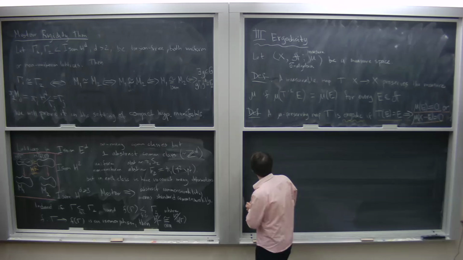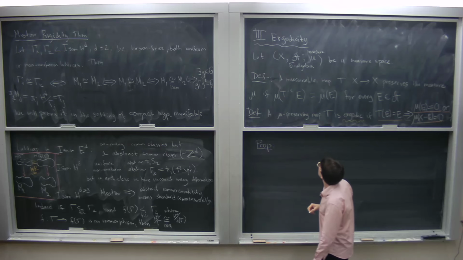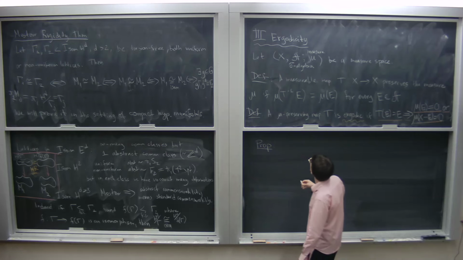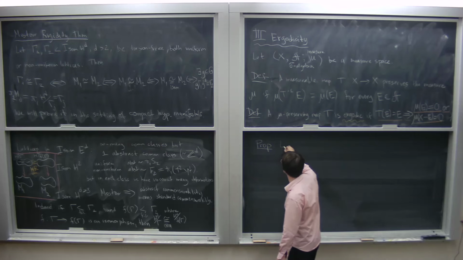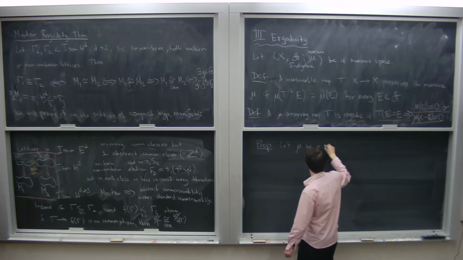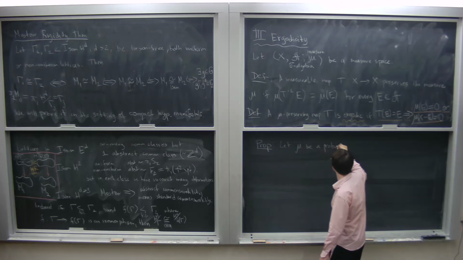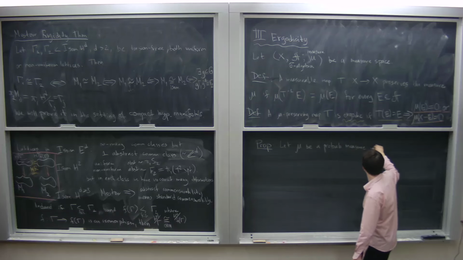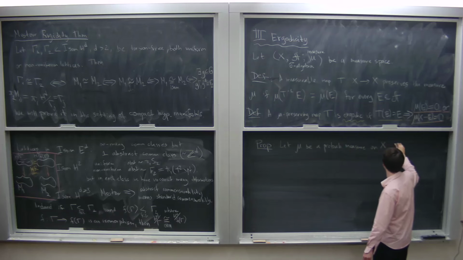Then the following proposition holds. Now let it be the space with finite measure or probability measure. So let mu be a probability measure on X.